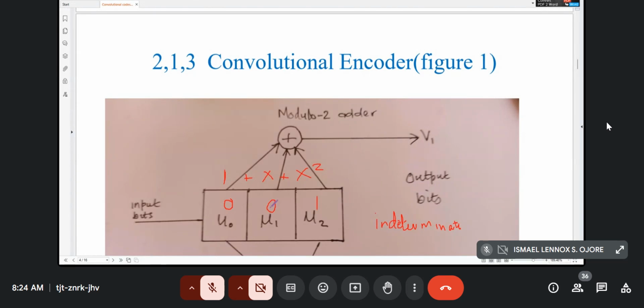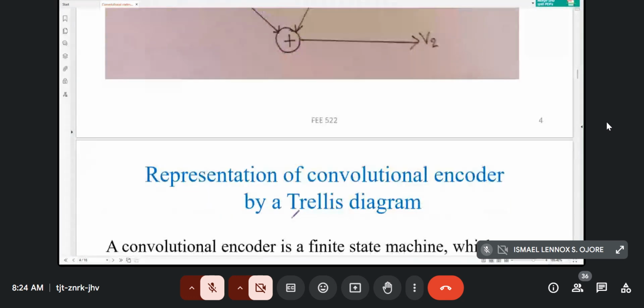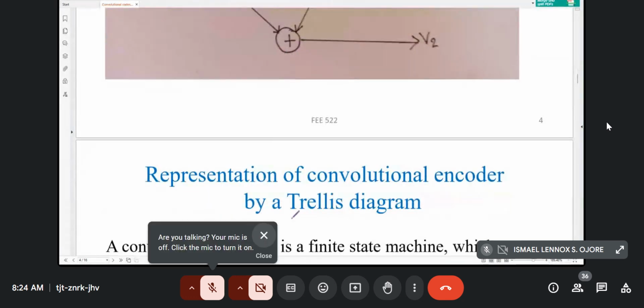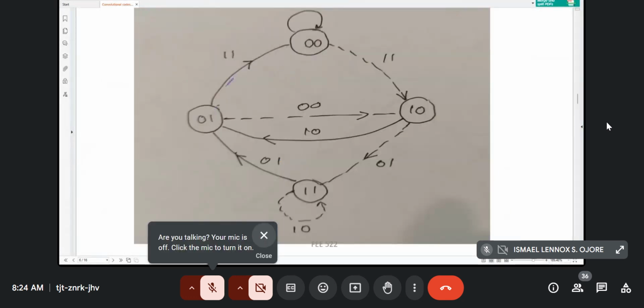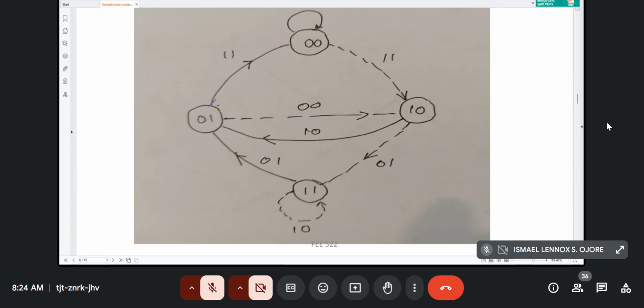The next state will be 0, 0 because this will come here and this will come here. So if the state is 1, you put in a 0, the next state will be 0, 0. So we come back here. If it is this one, the next state is 0, 0. So whenever you put a 0, you have a continuous line. The next state is 0, 0.